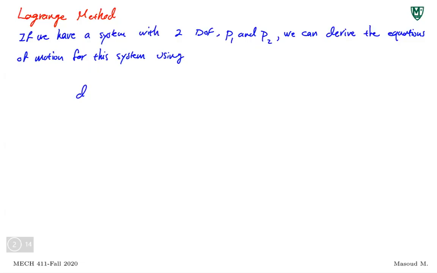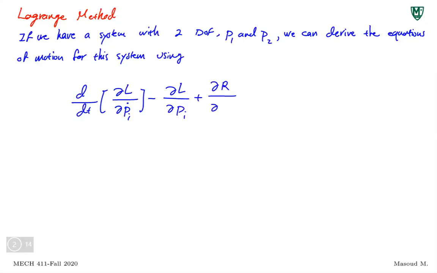d/dt, derivative with respect to time, of partial L, partial d p_i dot, minus partial L, partial p_i, plus partial R, partial d p_i dot, is equal to 0. I think it's a dot. A weird looking p, so let me make sure that they are read as p.